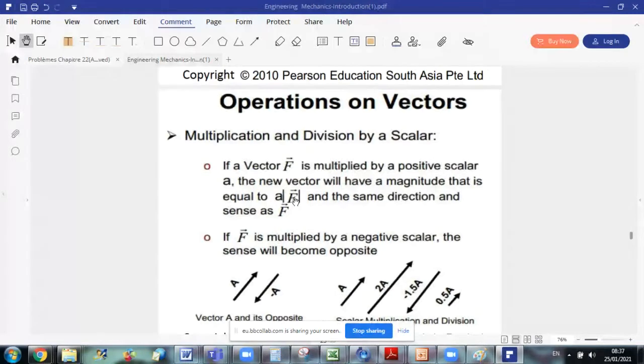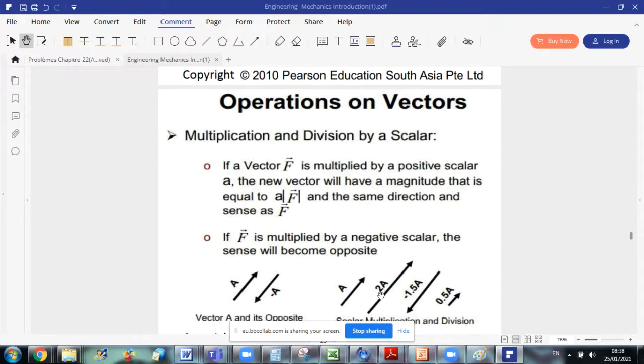Now, we have several operations that can be performed on vectors, and it's very important to know these operations because we will work a lot with vectors in this course. First, I can multiply and divide a vector by a scalar. If I have vector A and multiply it by -1, I will get the opposite vector.